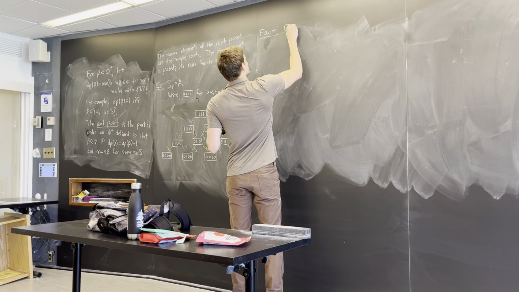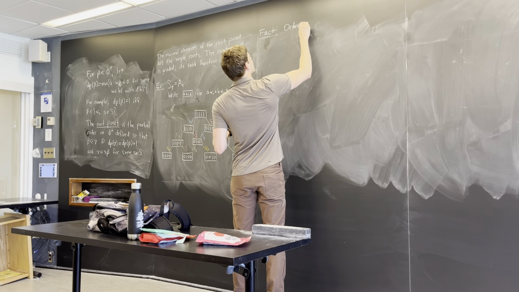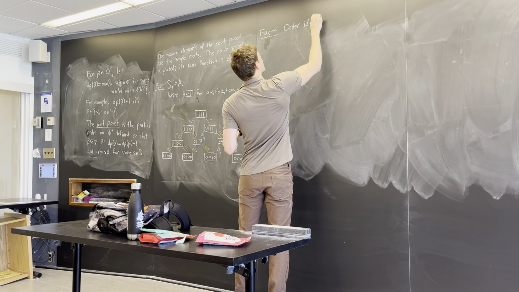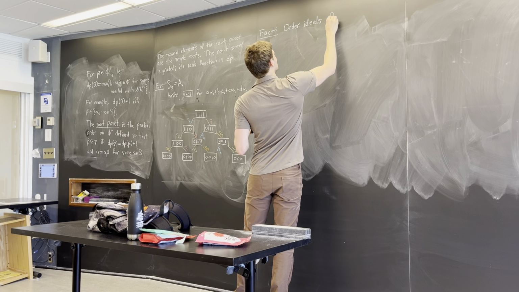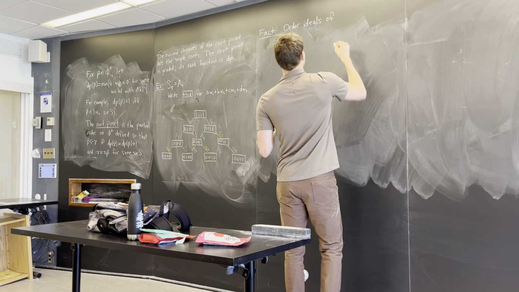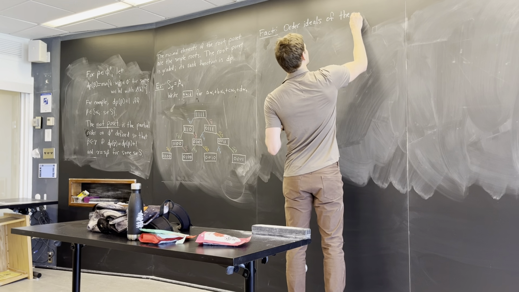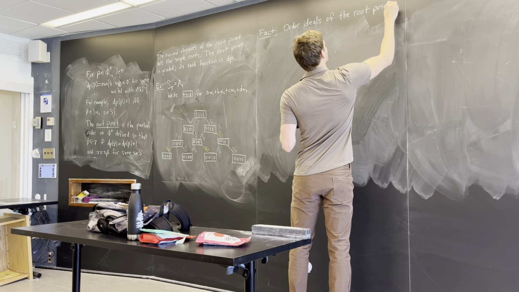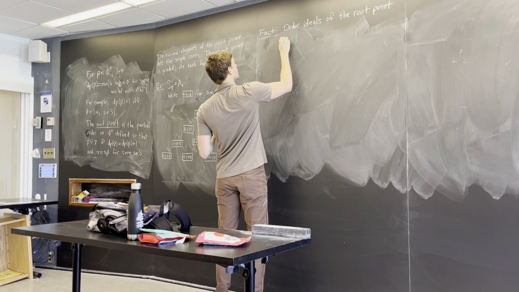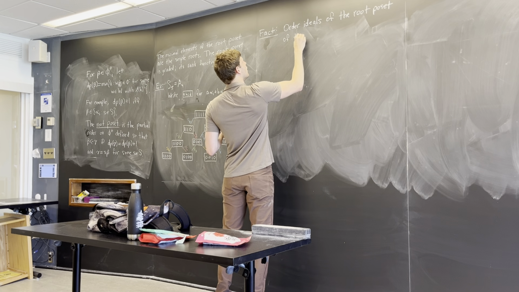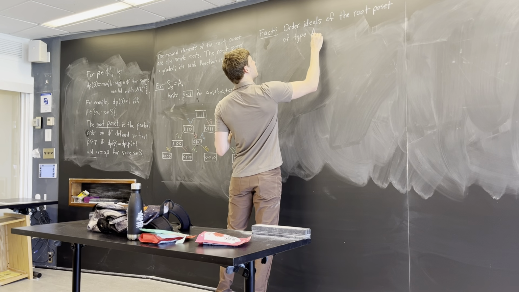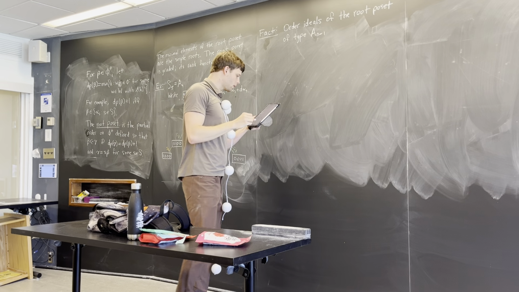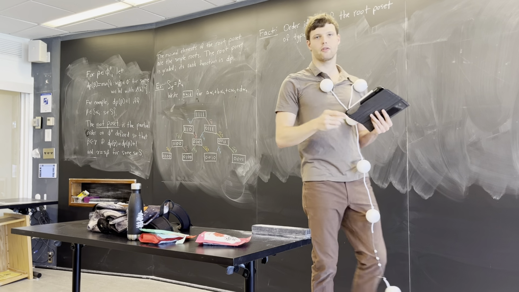So the order ideals of the root poset of type A sub n minus 1 are in bijection with Dyck paths of size 2n.